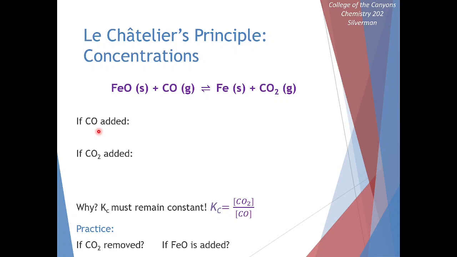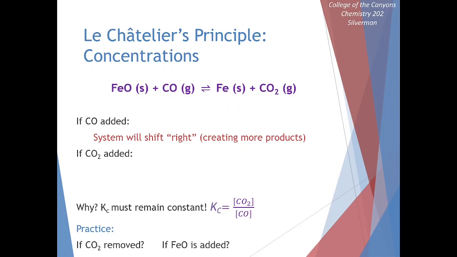Our reaction will try to undo that disturbance, try to regain its equilibrium. If CO is added, the reaction will try to get rid of that CO. And so our reaction will shift towards the right so that our CO turns into our products and we can be at that happy equilibrium state once again.